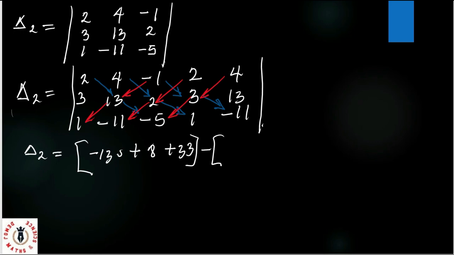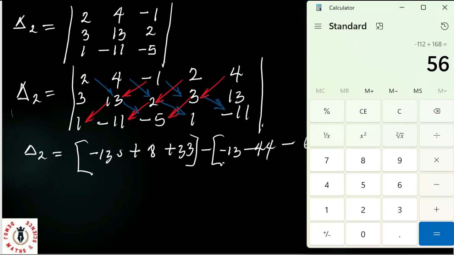I have minus 1 times 13 times 1, that's minus 13. I have minus 11 times 2 times 2, that's minus 44. And I have minus 5 times 3 times 4, that's minus 60. And let's use a calculator to sum it up.